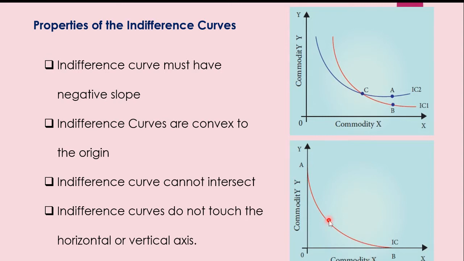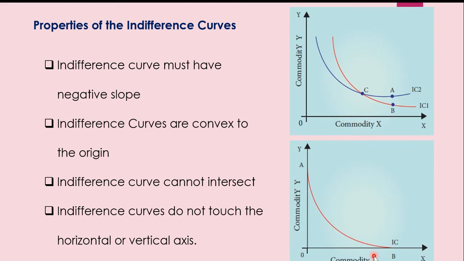Suppose the indifference curve touches the point here at B, it means the consumer is buying only commodity X. If it touches this point A, it means the consumer is buying only commodity Y. But our assumption says that the consumer buys two commodities X and Y, apples and oranges.